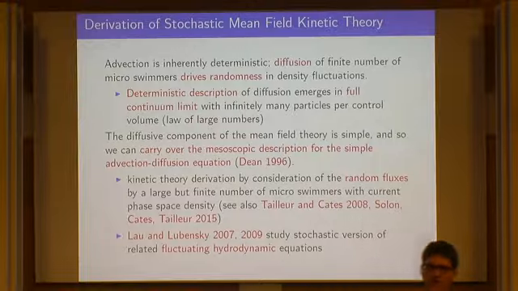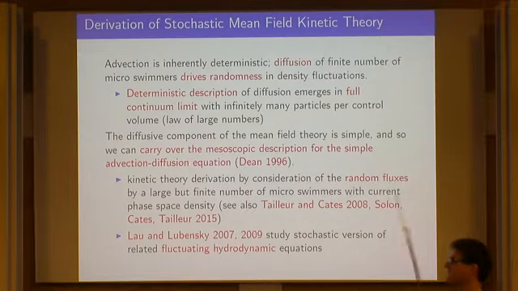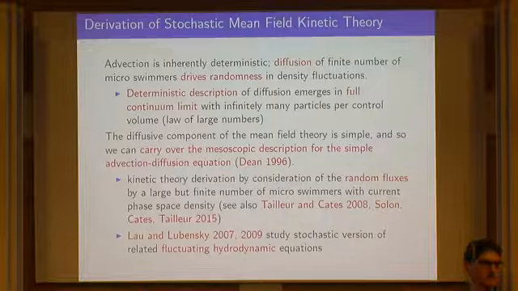Instead of starting from the kinetic equation, like I'm showing you before, so like a Boltzmann type equation, adding noise to it, they start from hydrodynamic equations, which is how condensed matter people tend to do these types of things. So that's like, let me write down an equation for the concentration, for the velocity, for the orientation tensor, and then I'm going to write down noise terms directly on those equations.